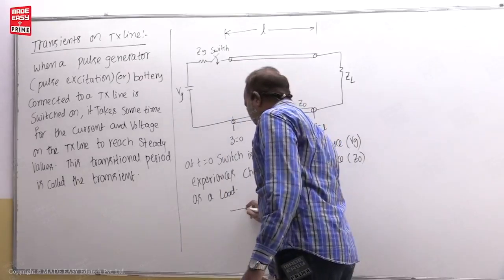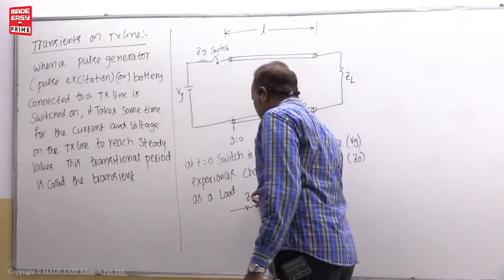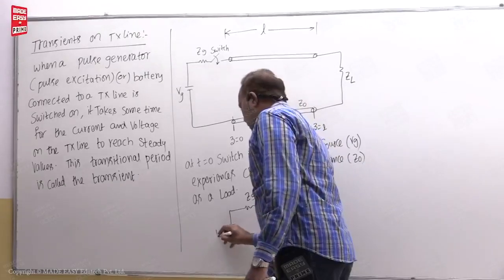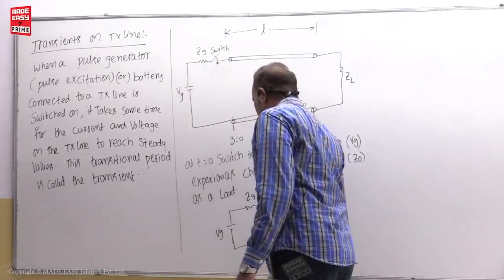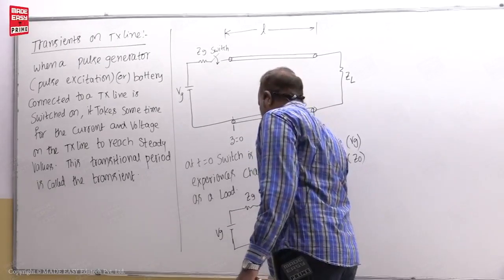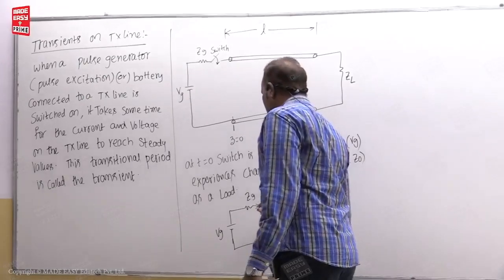So now the equivalent circuit is Zg, then Vg, and here it experiences Z0 impedance.